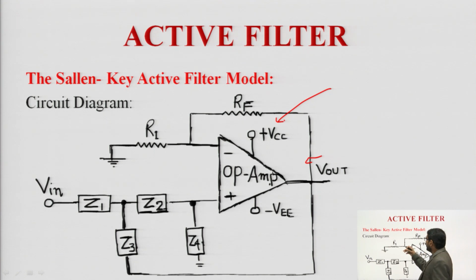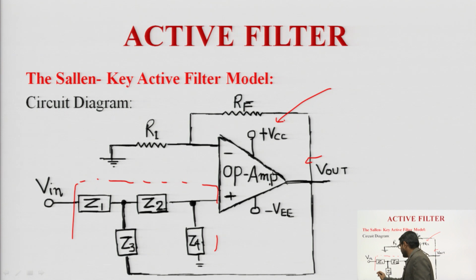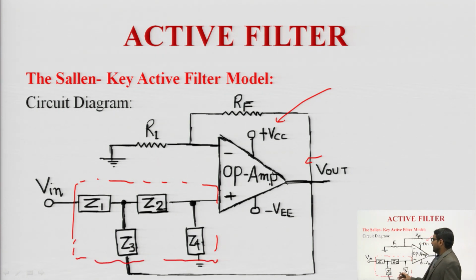R1 and RF basically provide the gain to the filter, and Z1, Z2 and Z3 form a frequency selective network. Then the filter cutoff frequency, lower cutoff or higher cutoff, depends only upon Z1, Z2, Z3, and does not depend upon the values of R1 and RF.